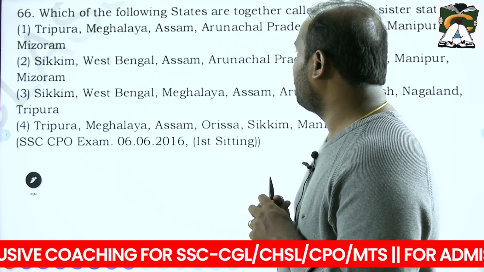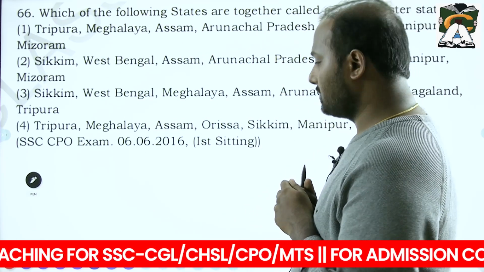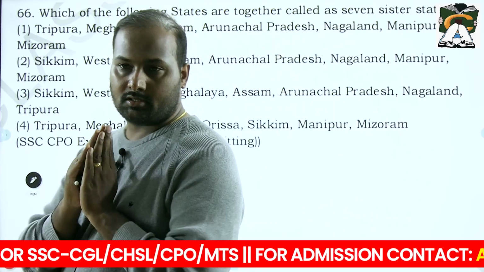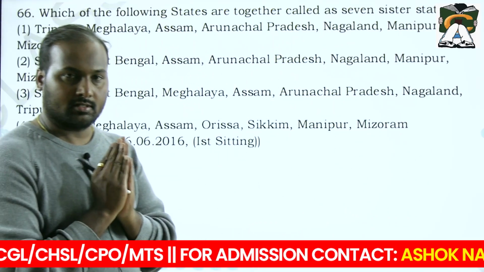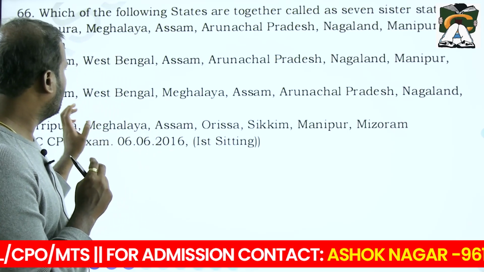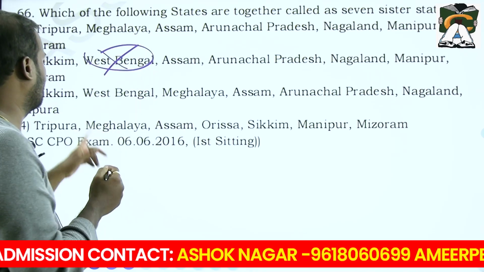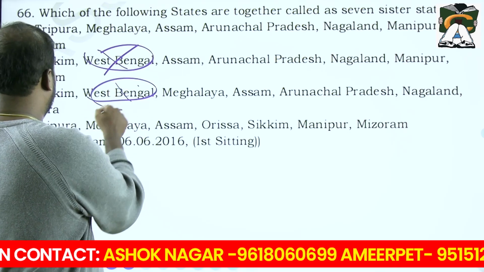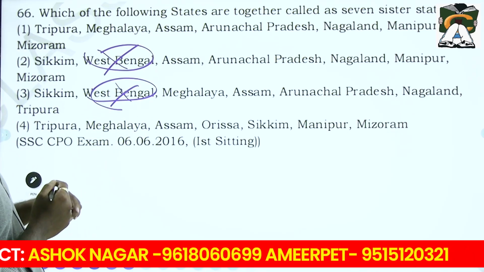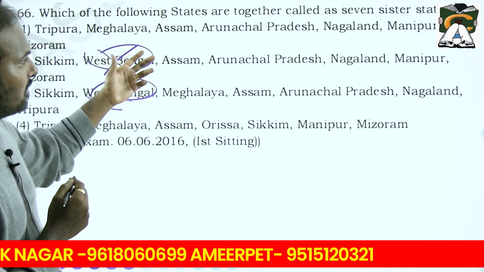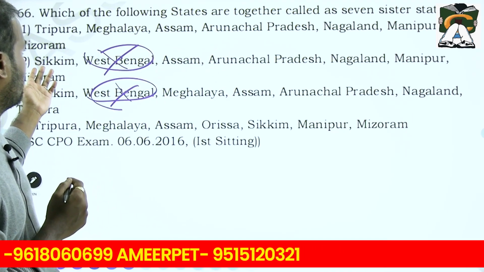Next, which of the following states are together called the 7 sister states? Your northeastern states, the complete northeastern states, are called sister states. So check with this: you have West Bengal, so option A is wrong. Here also we have West Bengal, so it is also wrong. And see, the first one is Arunachal Pradesh, Nagaland, Manipur and Mizoram.